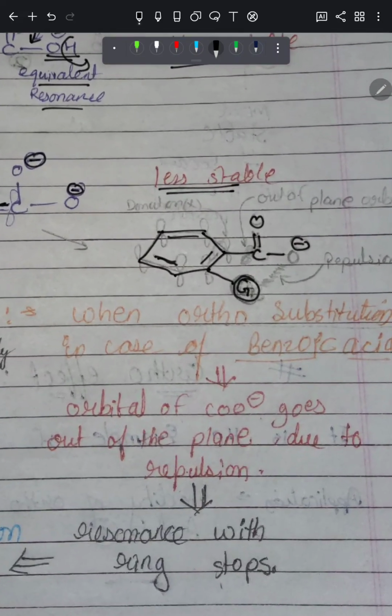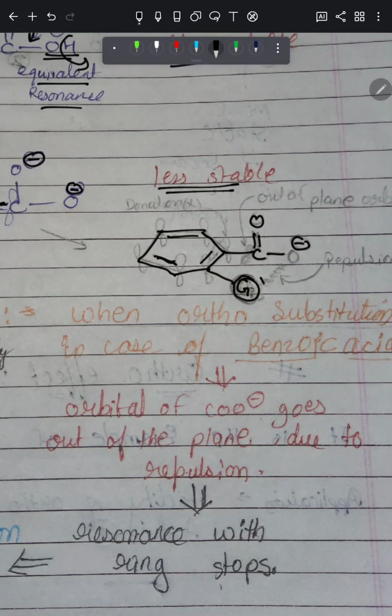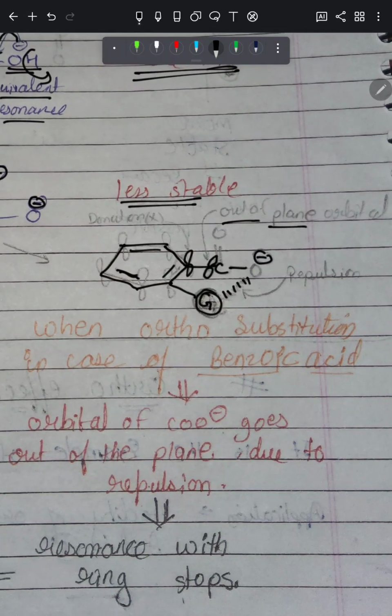Due to the repulsion factor, because of this heavy or big group, the repulsion will be seen here, and this orbital will go out of plane. So this will get out of plane, and donation will be stopped, so it will be less stable.